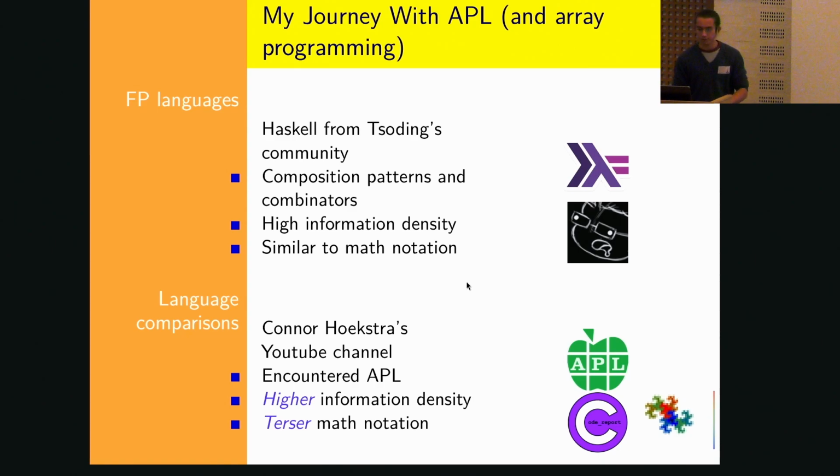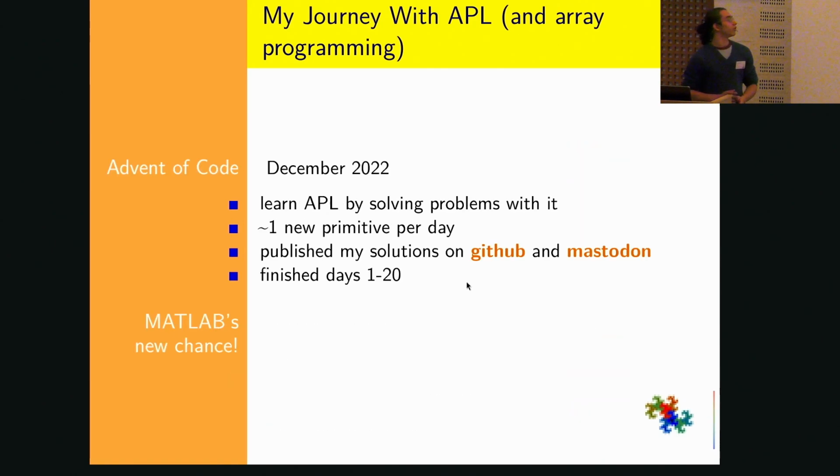And the first thing I did was that I joined the challenge of Advent of Code in December 2022, and I used that to learn the language. So I encountered a new difficulty every day, which pushed me to learn the primitives kind of one at a time instead of sitting down and studying all of them, which would have been, I think, the completely wrong way to approach learning a new language.